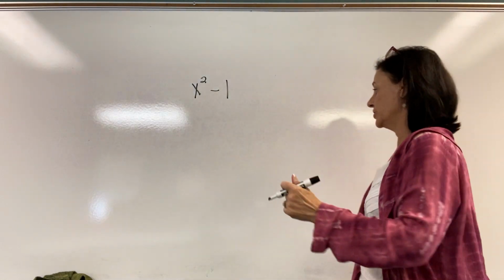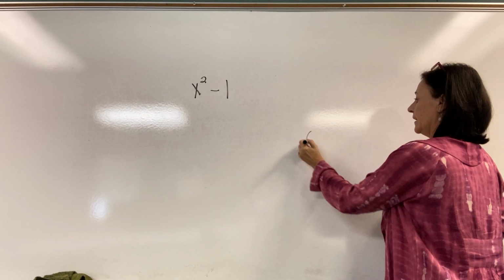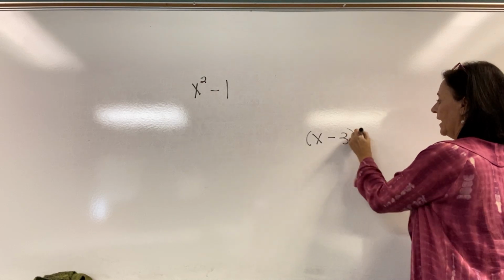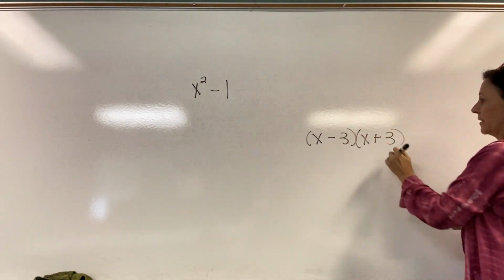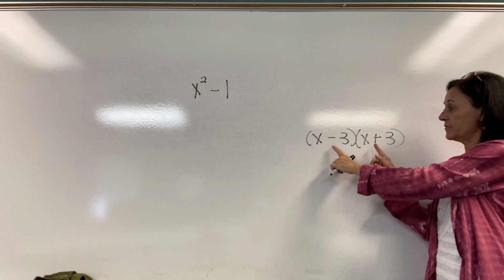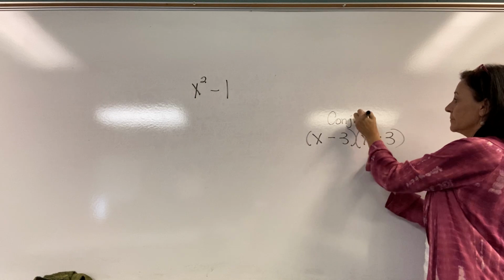So let me tell you what a conjugate is. A conjugate is like x minus 3, x plus 3. The first and the last terms are the exact same. The only difference is the sign in the middle. These are called conjugate terms.